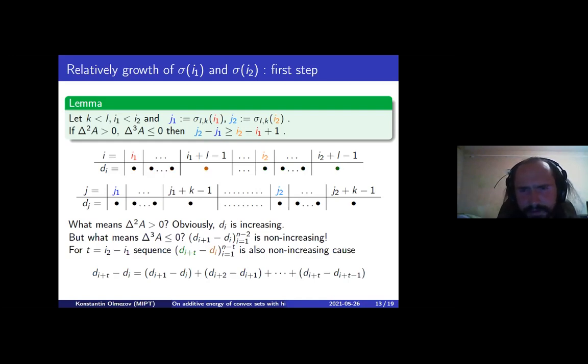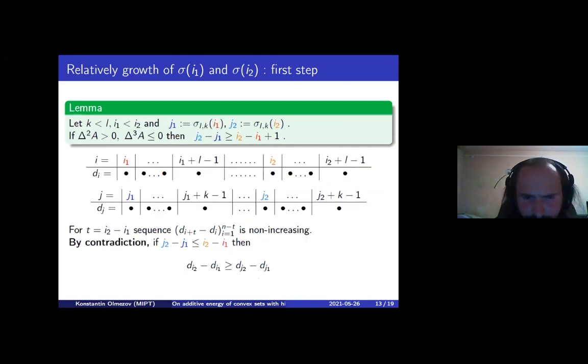We in fact fix some distance. Here it is I2 minus I1. And I say that when I move from left to right, this difference is decreasing, non-increasing, strictly speaking.